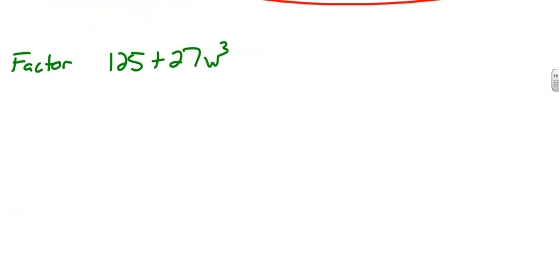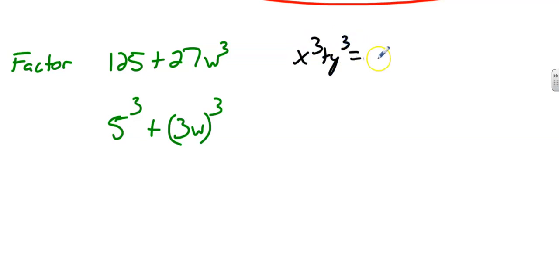Okay, and again, it's got to be that we've got something to the third power and something to the third power. 125, if you check it, that's 5 to the third. 27 would be 3, but we do have the w, so that's basically 3w to the third. Okay, and then the cube formula was basically this, just so we don't have to keep scrolling back up and down.